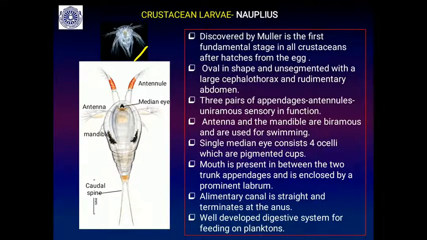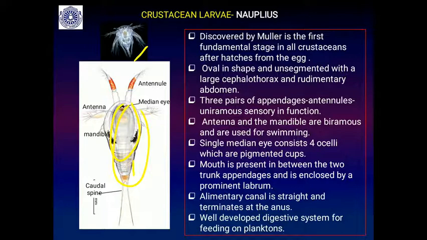It is oval in shape and unsegmented. The body is unsegmented and oval, with a large cephalothorax and a very small, rudimentary abdomen. There are three pairs of appendages.